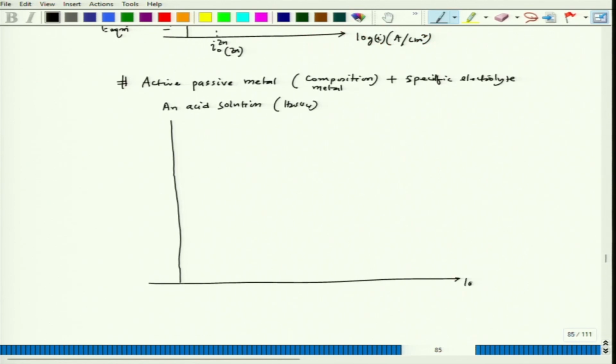So this is, let us say, log I. Now, let us say some metal M, we will show an example later, in H2SO4.